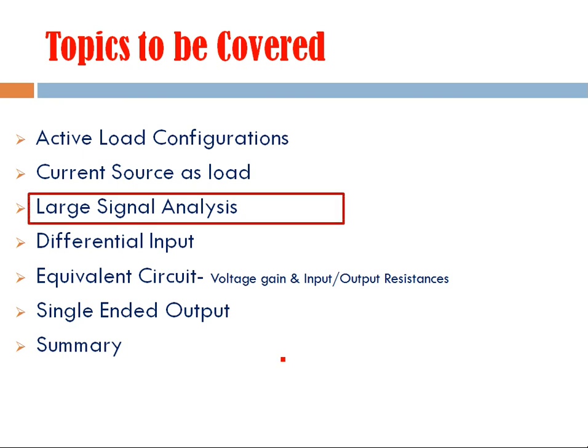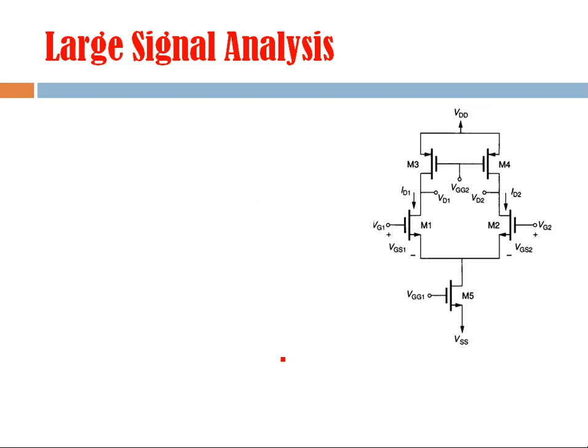Now if we talk about its large signal analysis, means what are the DC currents and DC voltages in the circuit. Input signal is same like other configurations, it's a differential input signal, and this differential input signal is split into two parts. So one half part is applied to one input terminal, and another half part of this split differential input signal is applied to this second terminal, right?